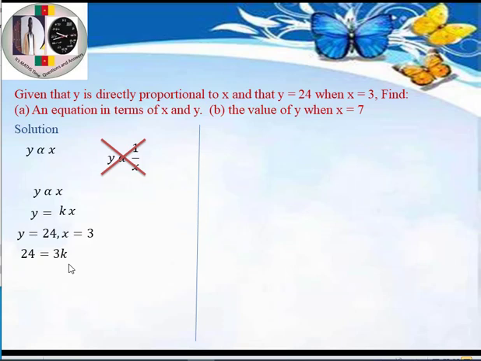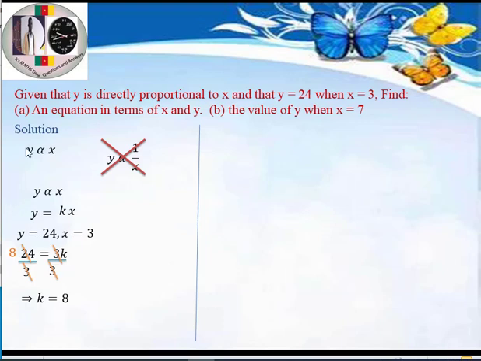We divide both sides by 3. For the left hand side, 3 will go into itself 1 time, and for the right hand side, 3 will go into 24 8 times. So we are going to have k equals 8.